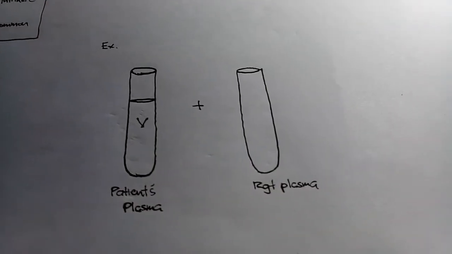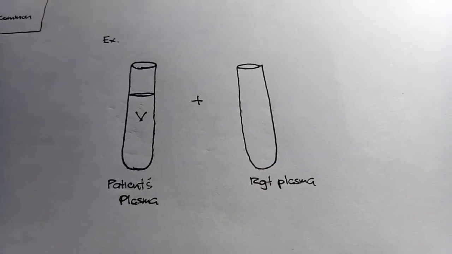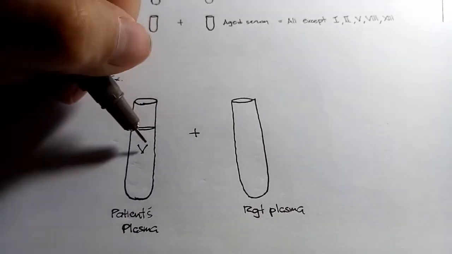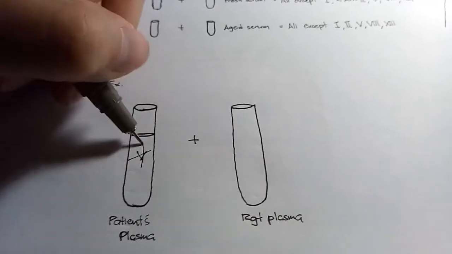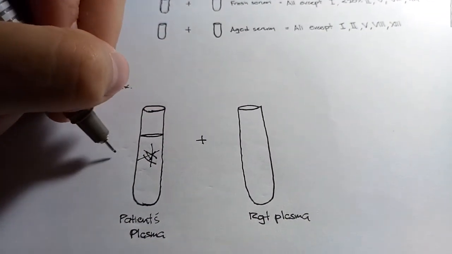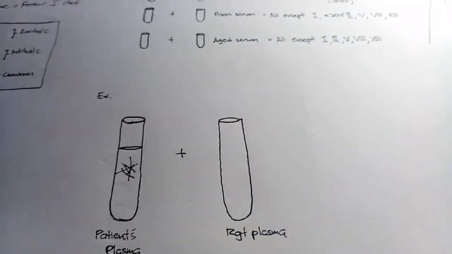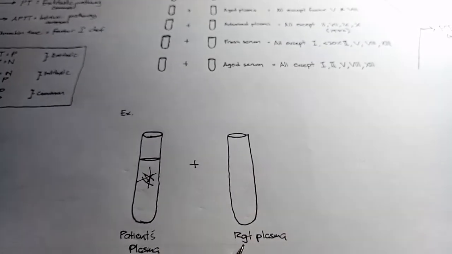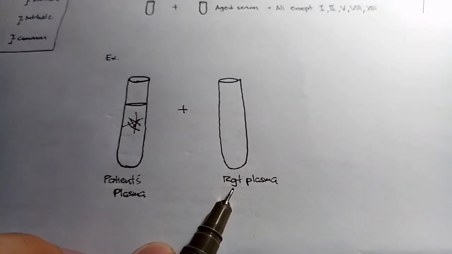So, ito. Example, this is the patient's plasma. And ito yung wala siyang factor 5, okay? The patient's plasma doesn't have any factor 5. Factor 5 yan ha, factor 5. Ngayon, ang patient's plasma, dinagdagan mo ng reagent plasma. Let's say, fresh plasma.